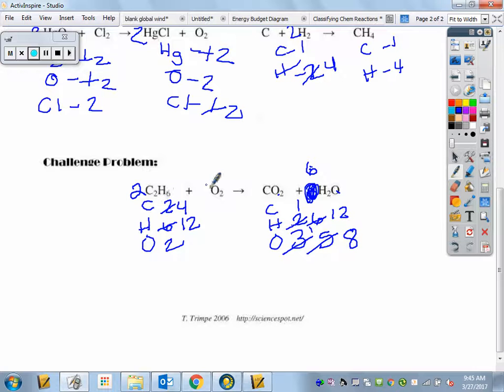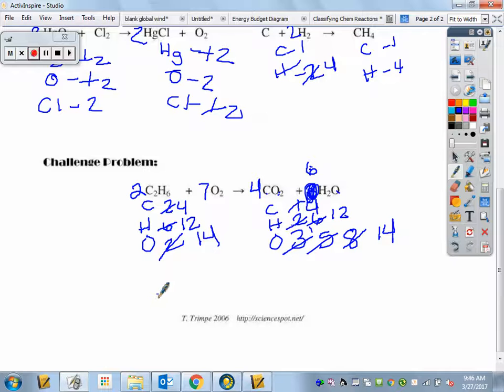We have this oxygen over here, so we need to balance this carbon. So what can we put in front of it? We put a 4. 4 times C is going to give us 4. But 4 times O2 is 8, plus 6 is 14. So what can we put in front of this to get ourselves 14? A 7. And that should be it.